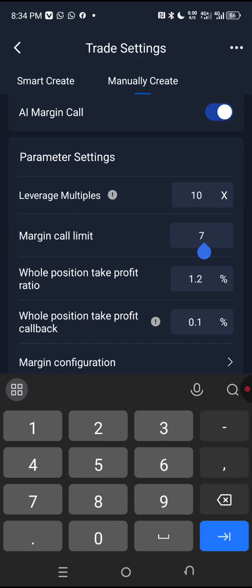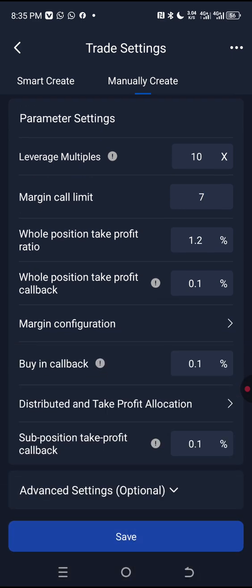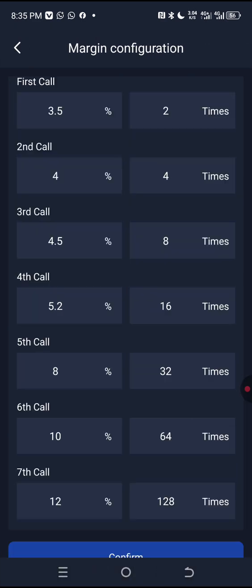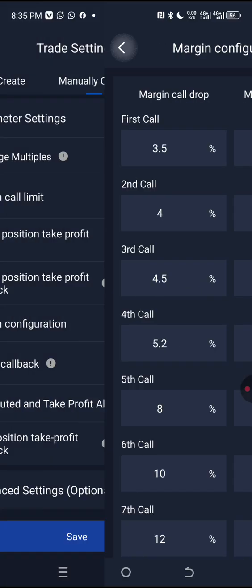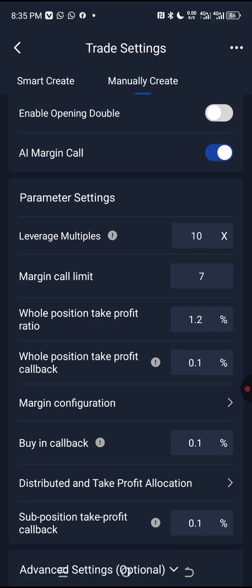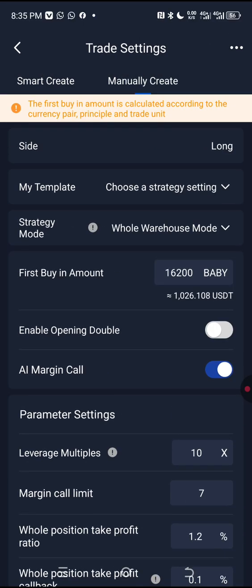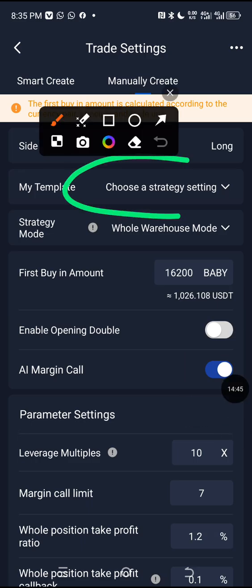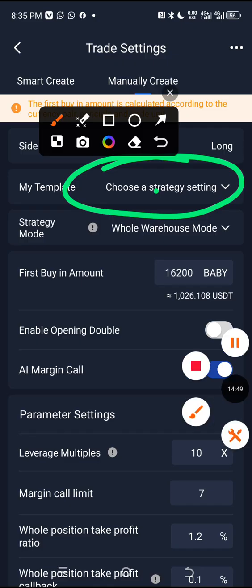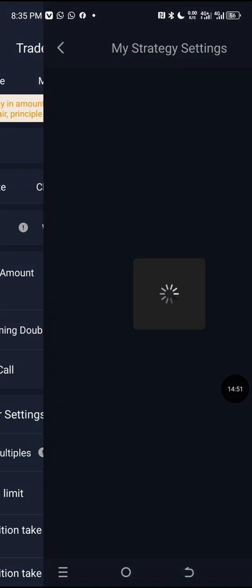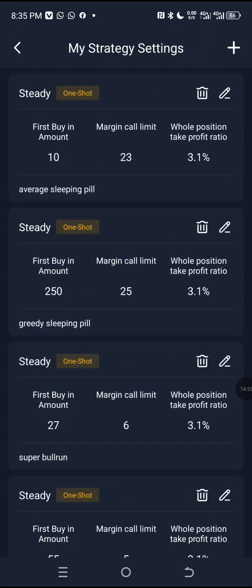Here on the margin call limit, depending on the amount of money you're remaining with, you can set your margin calls. And then you can set your margin configuration as we do in the spot market. If you don't know, just comment, how can I do that? And then I take you through all. If you have a strategy setting that you saved in your bot and you want to use, you can come here and choose it and then select. These are the ones I have.